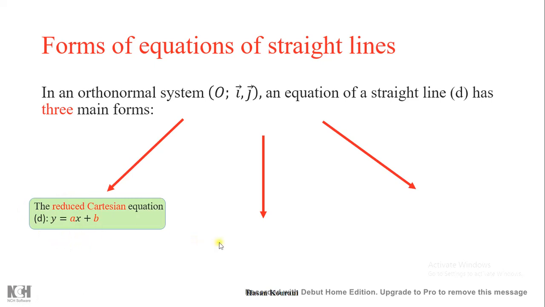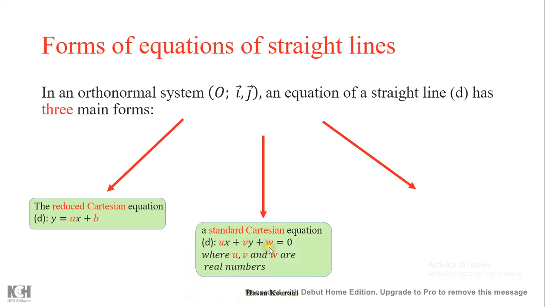The second form is the standard Cartesian equation, which has the form ux + vy + w = 0, where u, v, w are all real numbers. This is the second form.